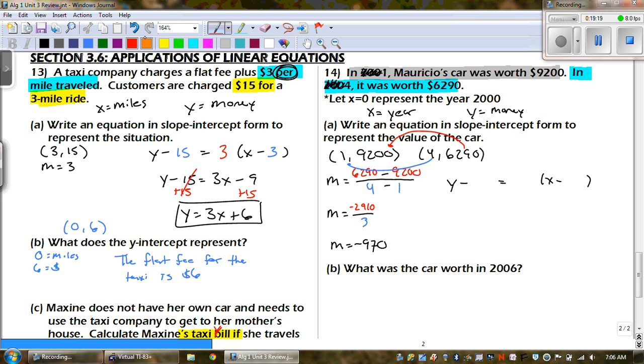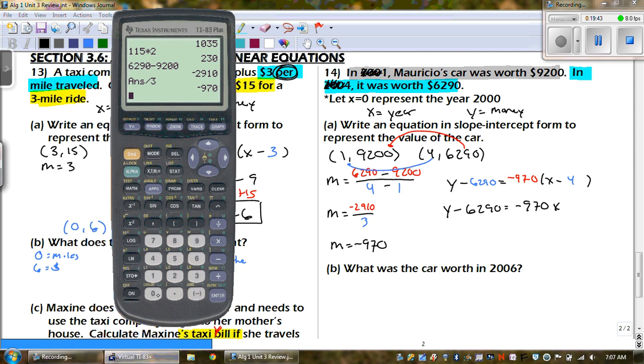Okay, and the last thing is we need to plug in. Just for overall small numbers, I'm going to do 4 and 6,290. So when we distribute, we get negative 970x. And then we have negative 4 times negative 970, positive 3,880.